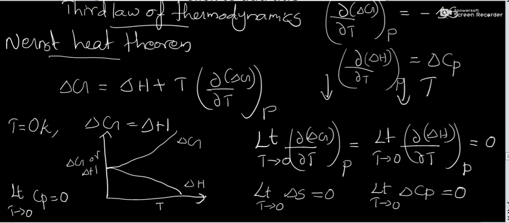So, Nernst heat theorem leads to the formation of third law of thermodynamics by Max Planck, that for pure solids entropy reaches 0 at 0 Kelvin. That is our third law of thermodynamics.